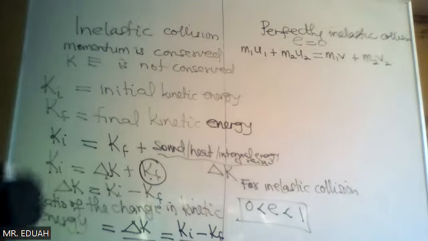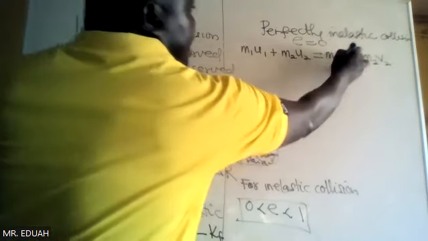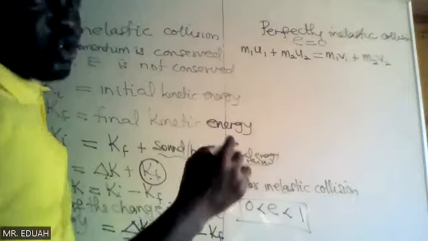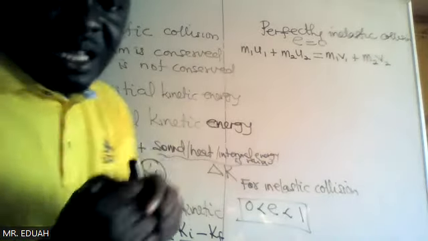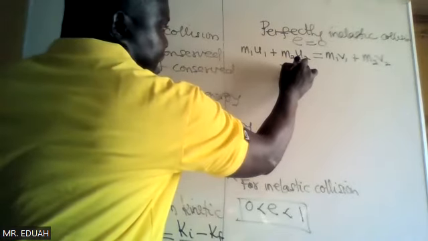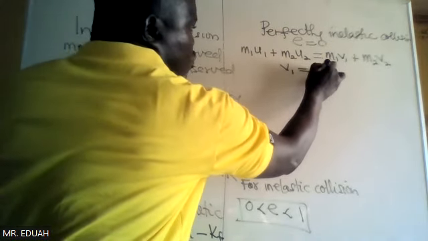But for a perfectly inelastic collision, after collision, the two bodies become one and move with one velocity. So v1 is equal to v2.